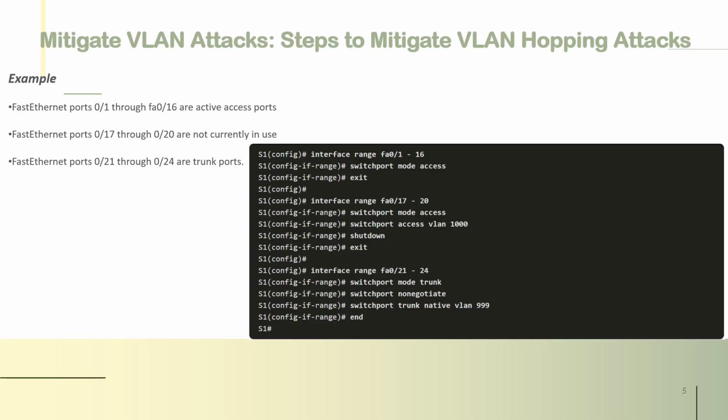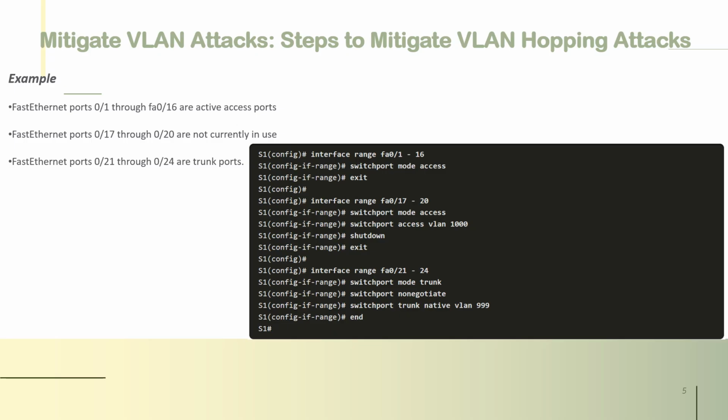And here, with this configuration, the FastEthernet ports from 0/1 to 0/16 are now access ports, and therefore trunking is disabled by explicitly making them access ports. And FastEthernet 0/17 to 0/20 are now unused ports, disabled and assigned to an unused VLAN.